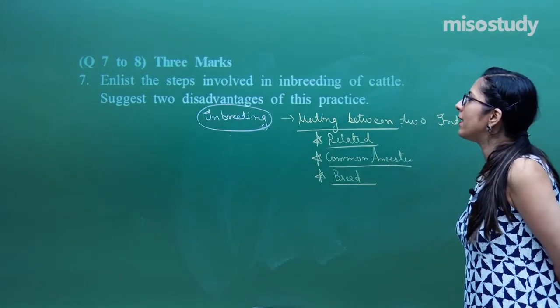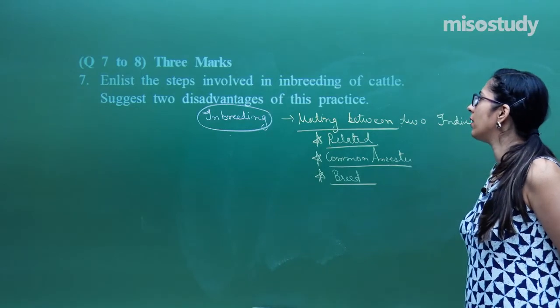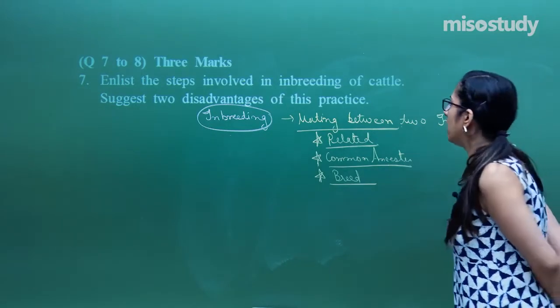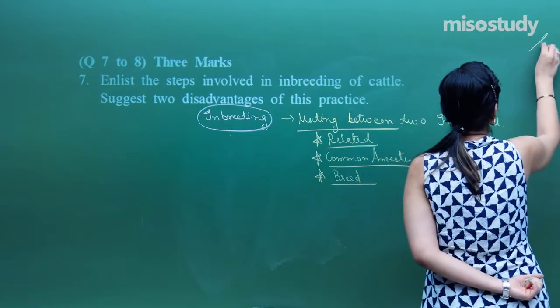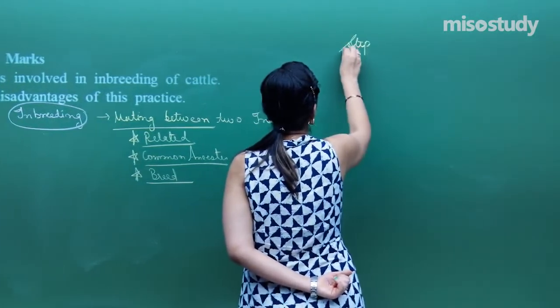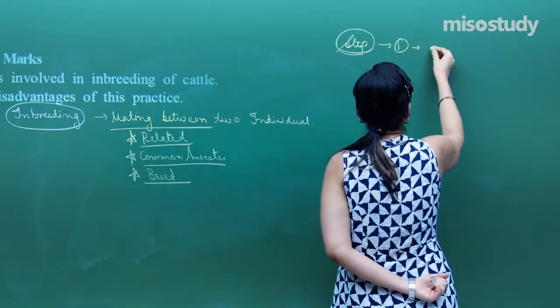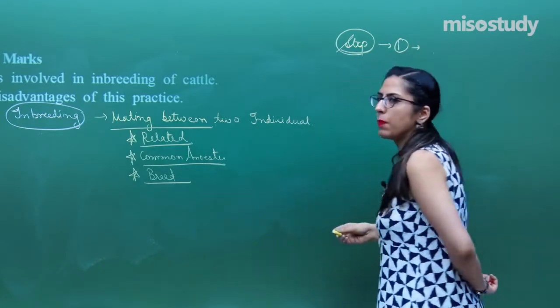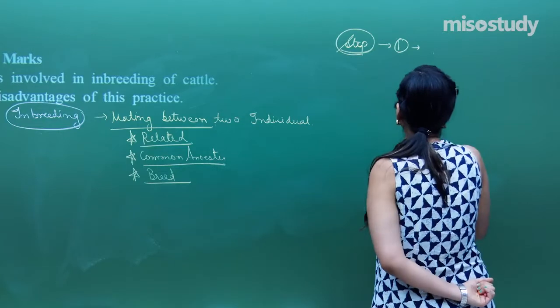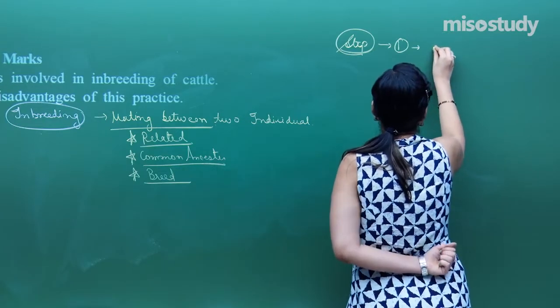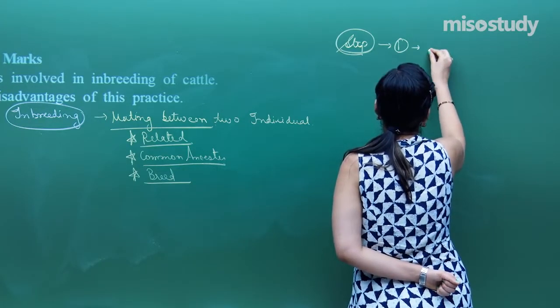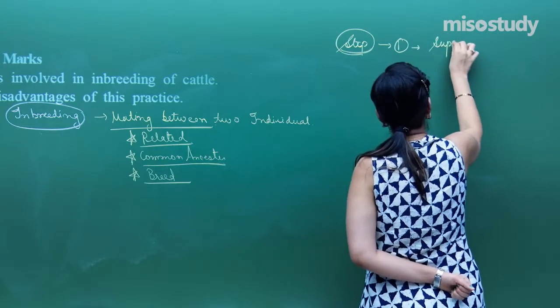Now we have to enlist the steps involved in the inbreeding of cattle. The first step for the process of inbreeding is finding the superior male and superior female. First of all, we will look for a superior male and a superior female.